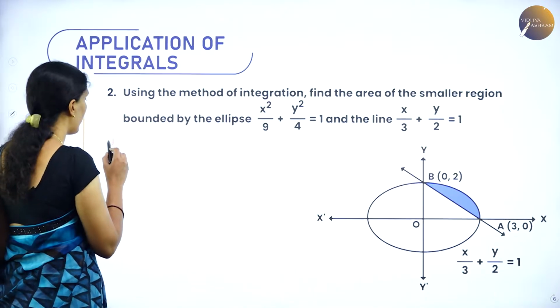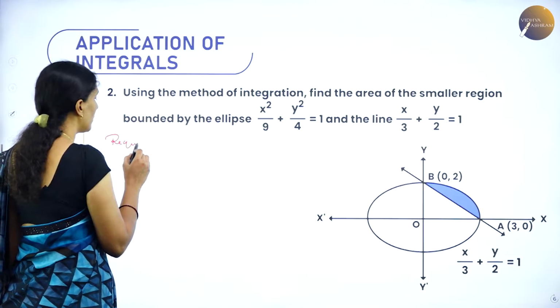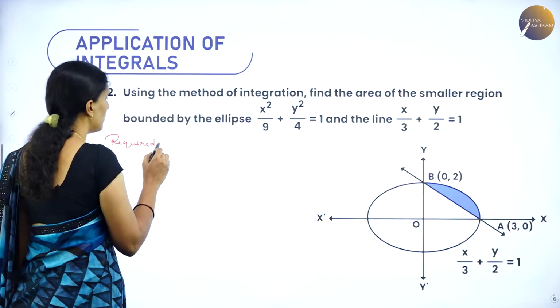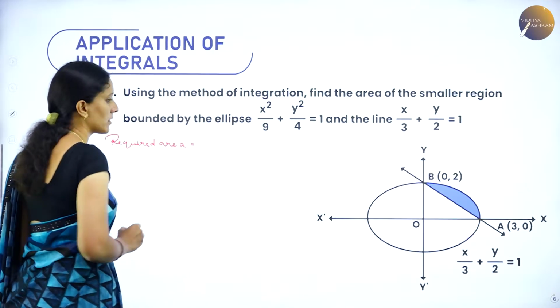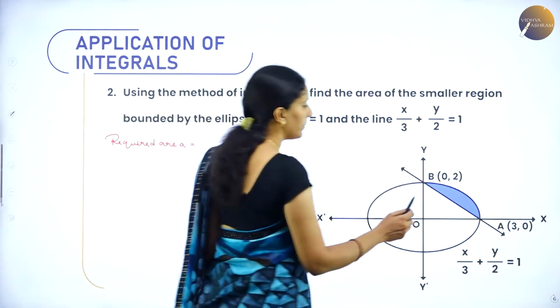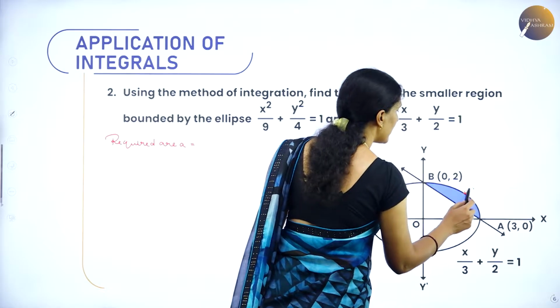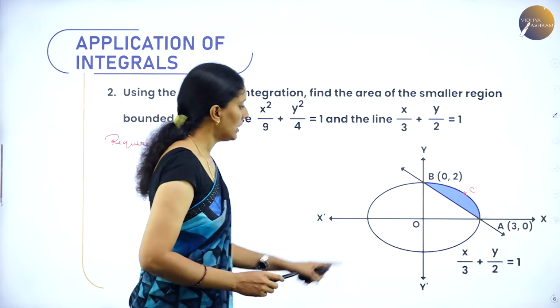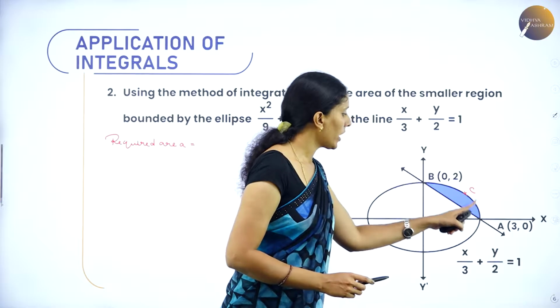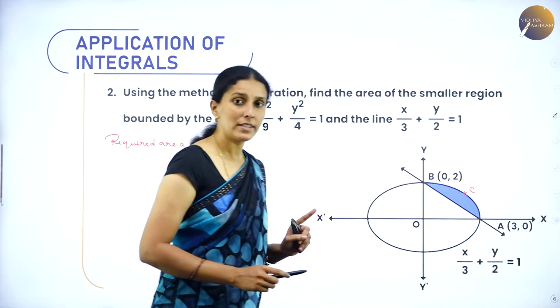So what I can write here, the required area is, let me mark a point C here. Now look at this curve OACBO. What does it say?